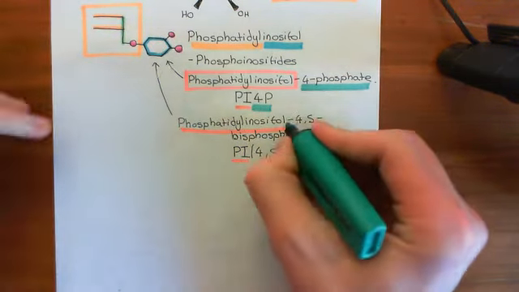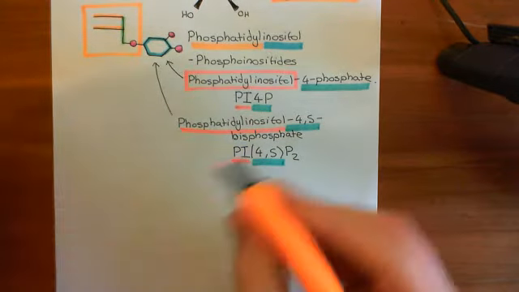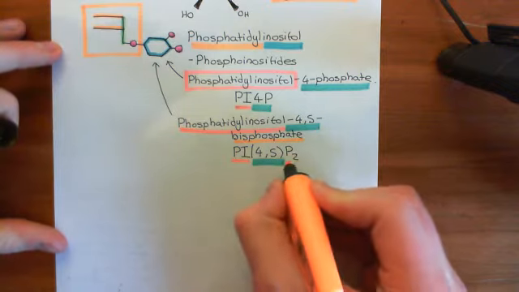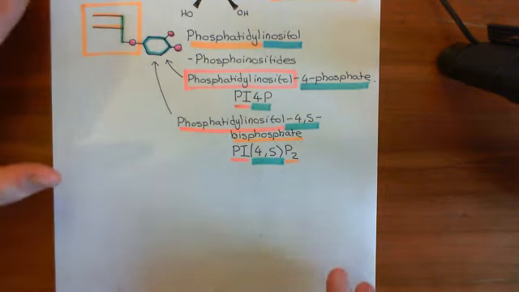Okay, so 4,5 here, and then finally P2 for bisphosphate here. Okay, right, so that's phosphatidyl inositol 4,5-bisphosphate, and it's another example of a phosphoinositide molecule.